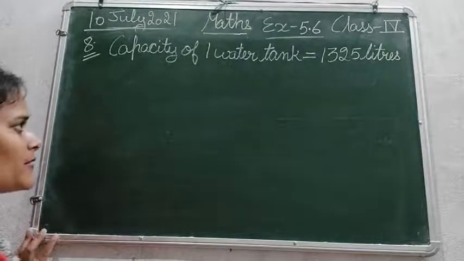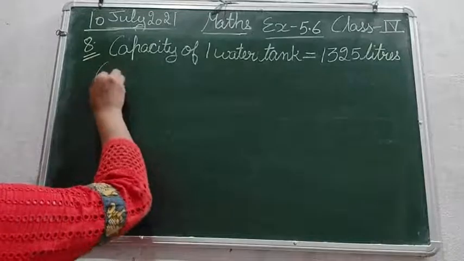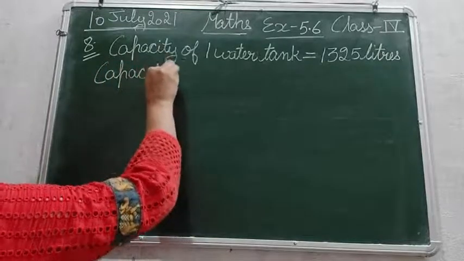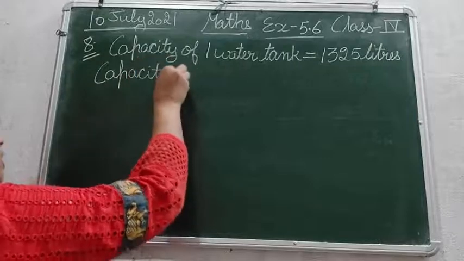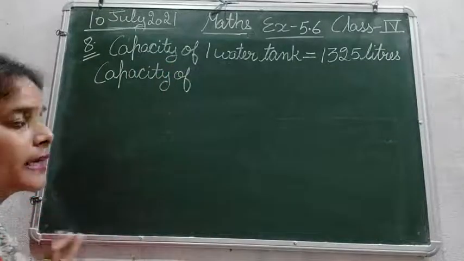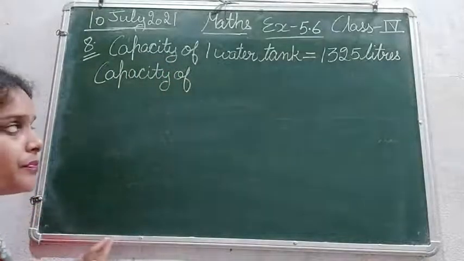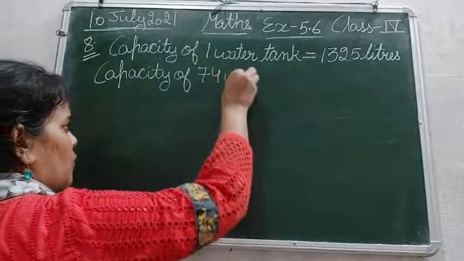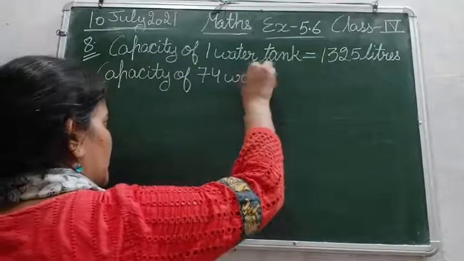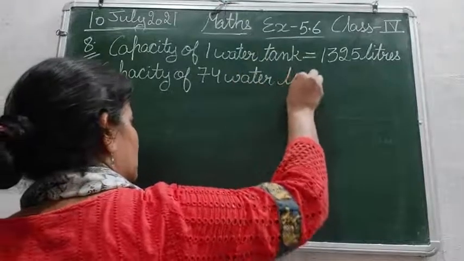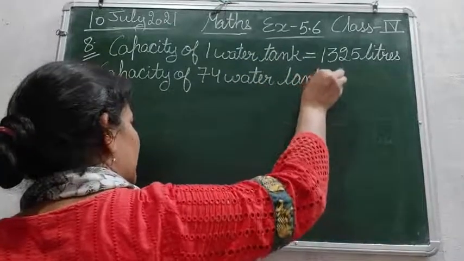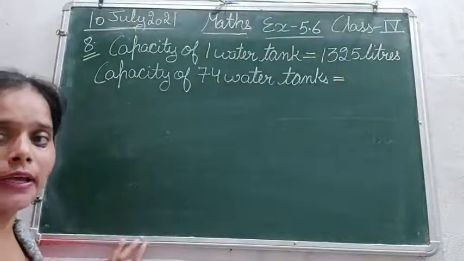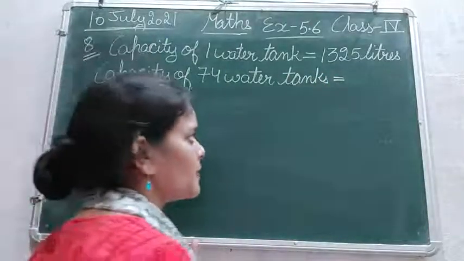हमें निकालिए 74 such tanks की capacity. Capacity of 74 water tanks, that we need to calculate, and that we will calculate by multiplying the capacity of one water tank with the number of tanks, that is 74.